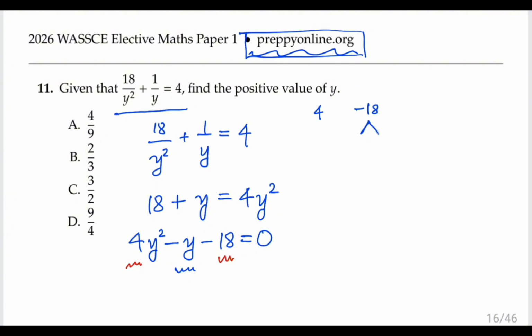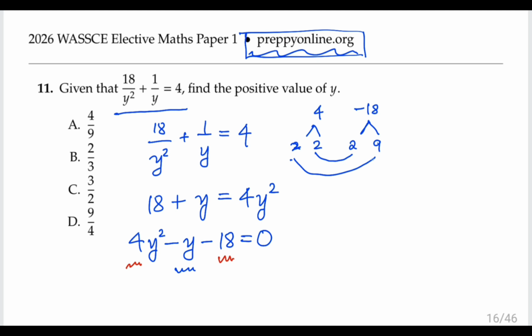So let's say 2 and 9. We don't know where the minus should go. And let's say we break 4 into 2 and 2. Is there a way to multiply these numbers and add them so that we get minus 1?